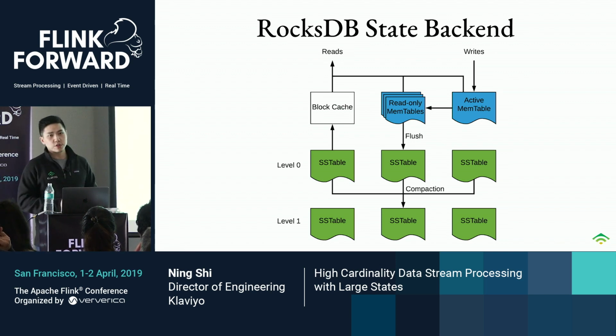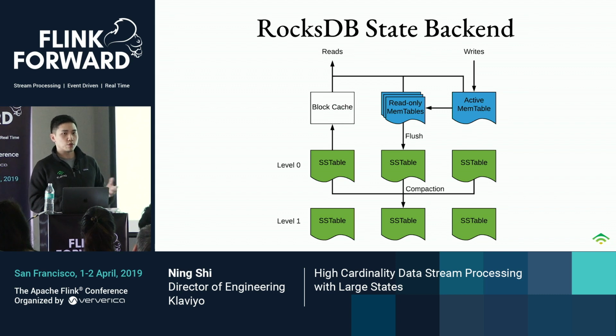So RocksDB leverages a data structure called a log structured merge tree. And it's optimized for writes because everything is append only. You never go back to change a value that you wrote earlier. So you're always appending to the data structure, which is a really fast operation.